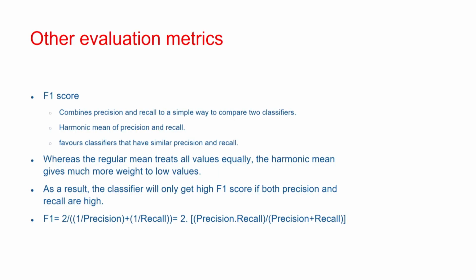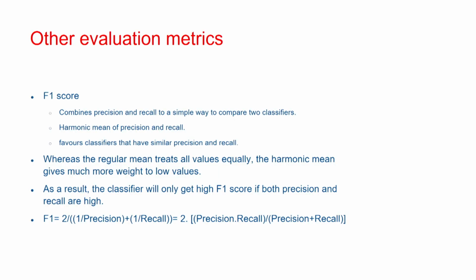In case of regular mean, when we are taking the mean, we are treating all values equally, and in case of harmonic mean, we can say that more weightage is given to the low values. Here we want to check whether one of precision or recall is very high or very low, and that is why it is better to take the harmonic mean of precision and recall.